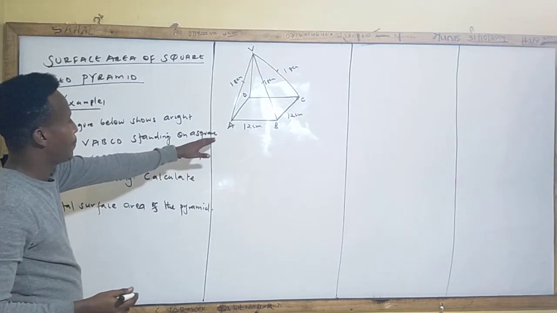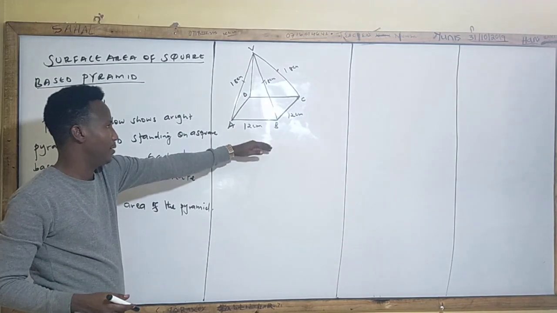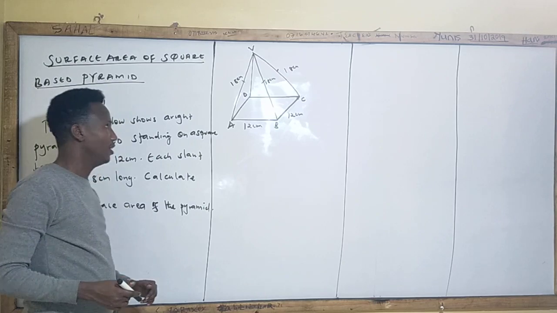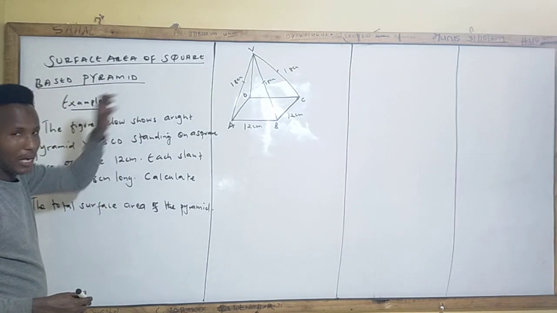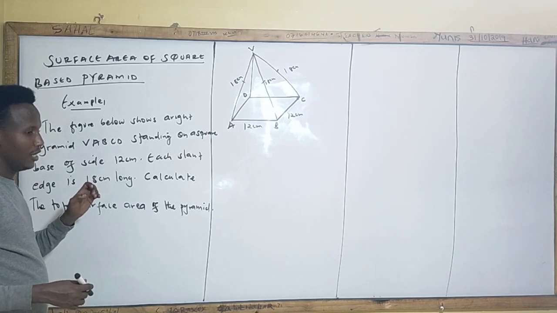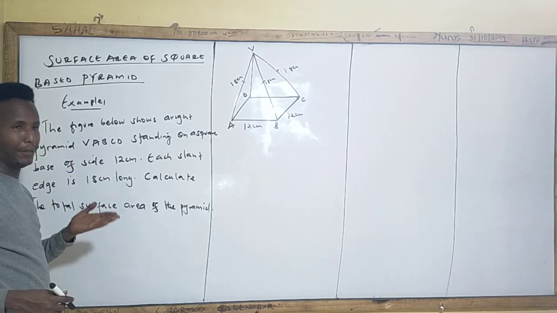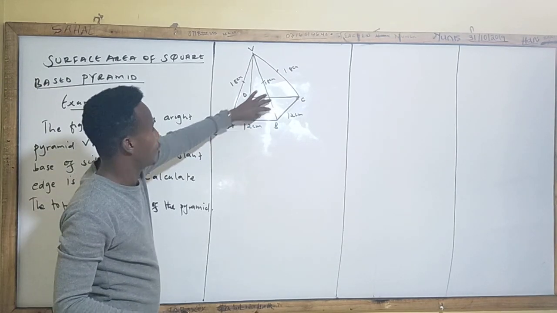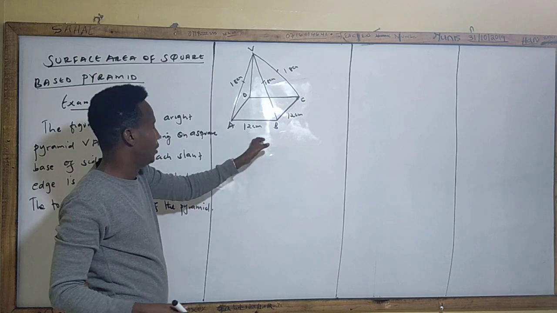So when a square-based pyramid is given with the slant edge and the base measurements, this is what you're going to do. Remember, when we're talking about a pyramid, we have 4 triangles and a rectangular base or a square base. That's why it is called a square base, because when you look at the bottom, it has a square.